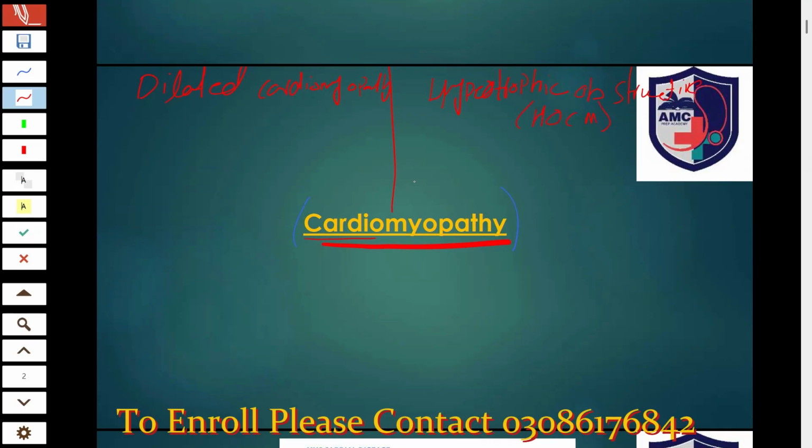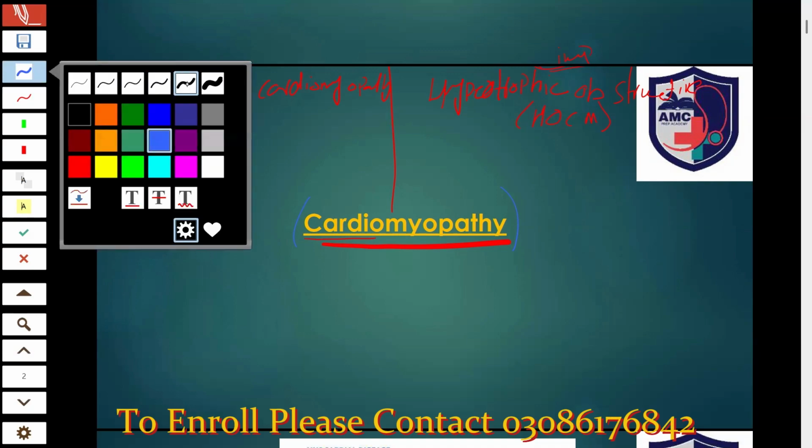As well as we have restrictive cardiomyopathy included over there. So the important one is hypertrophic obstructive cardiomyopathy. Very, very important from exam point of view. This is very, very important.